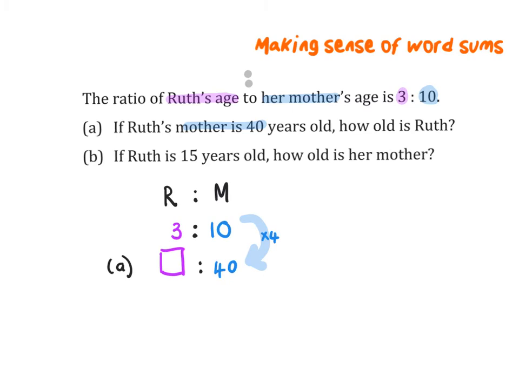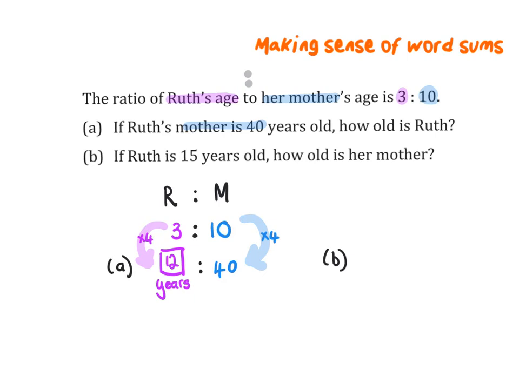So if her mother's age is 4 times bigger, her age must also be 4 times bigger. And that will give me an age of 12 years. Also remember that when you work with a story sum like that, you always need to include units in your answer. Let's follow the same concept for the second question.